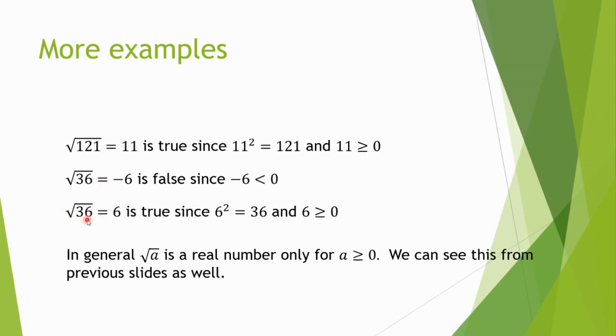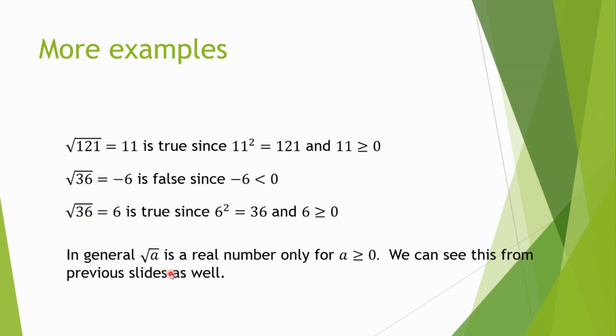Namely, the square root of 36 is not -6, but it's 6. Because 6 is a square root of 36, so 6 squared is 36, and so is -6, but 6 is non-negative. So that's why this is true.